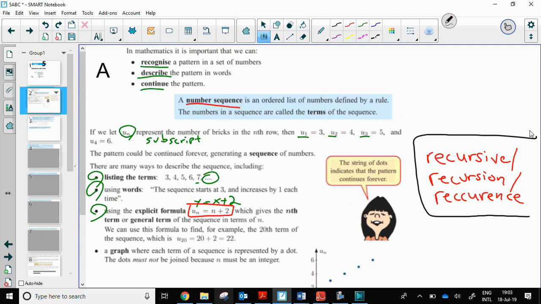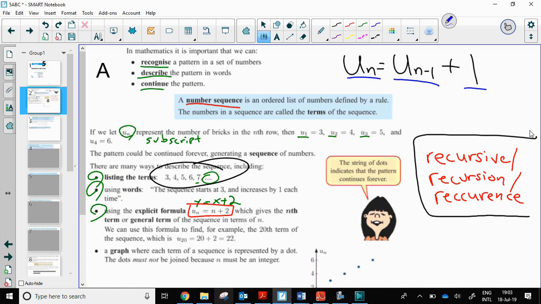So if we look at this particular sequence over here, we notice that it's going up by 1 every time. So we might say U sub n is equal to U sub n minus 1 plus 1. So that tells us that a given term, the nth term, is equal to the n minus 1th term. That's the term that came right before it, and then it's 1 more than that.